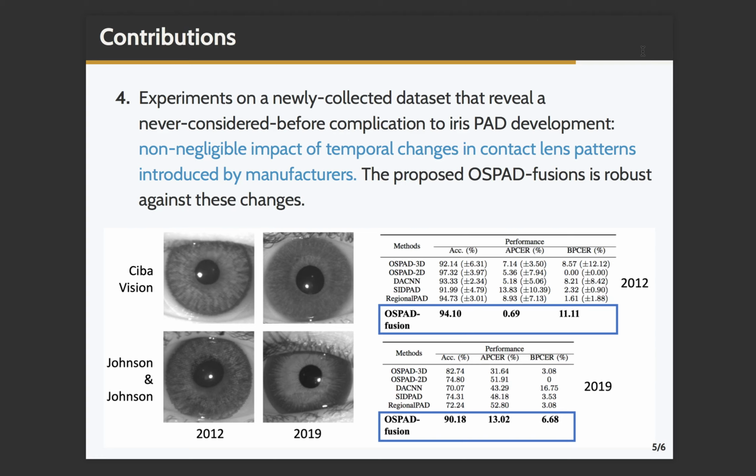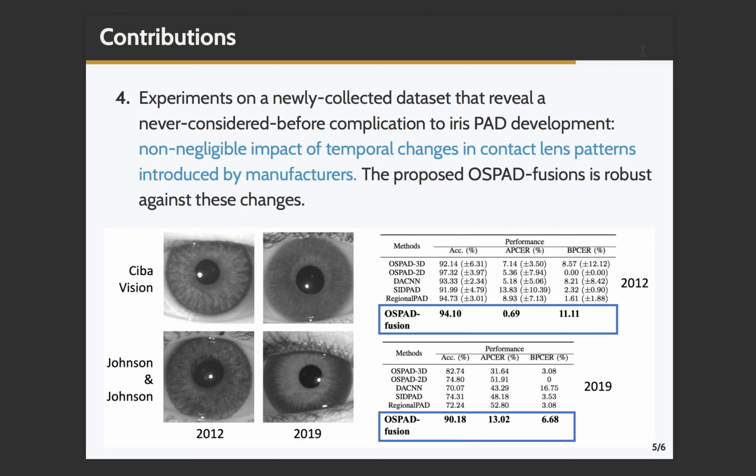So on the left here, we can see some image samples. The top row is the Ciba Vision contact lens, bottom row is Johnson & Johnson, and the first column was their patterns in 2012, and the second column is their patterns in 2019.